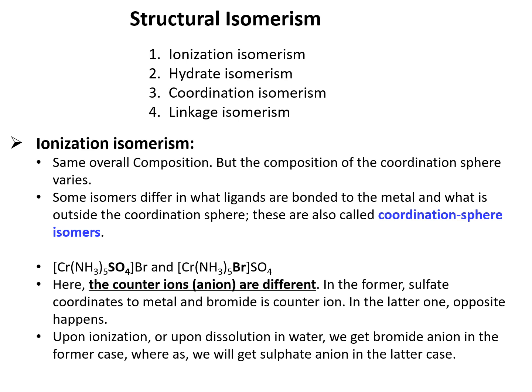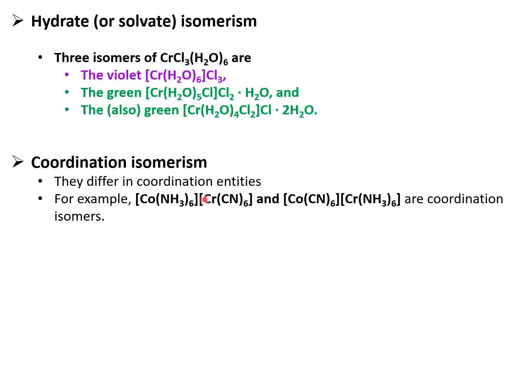In the case of hydrate or solvate isomerism, water generally acts as a solvent. Depending on the number of H2O molecules outside the coordination sphere, the isomerism is termed hydrate or solvate.